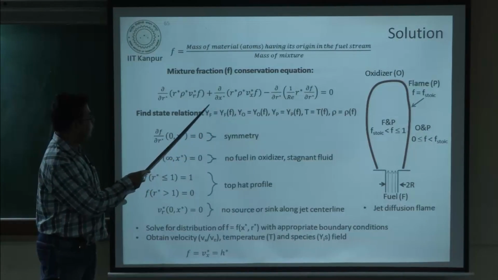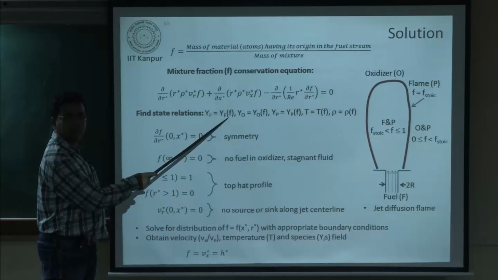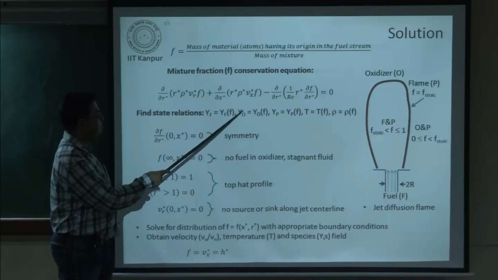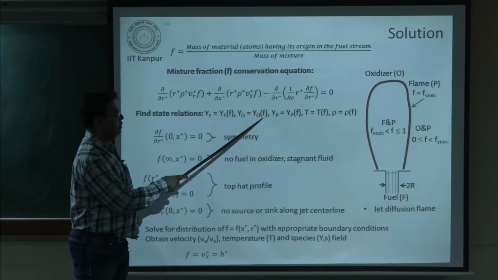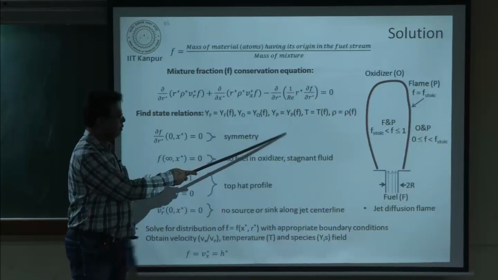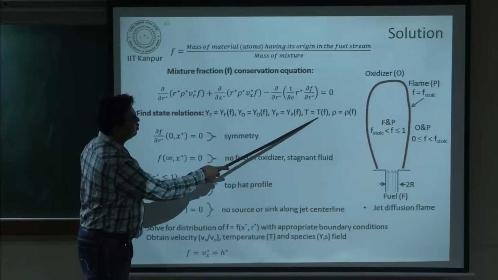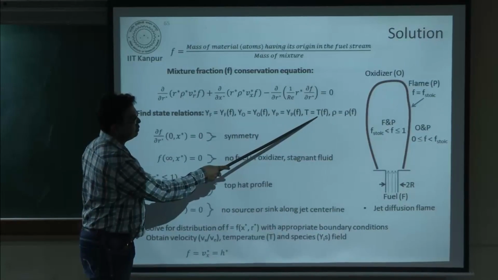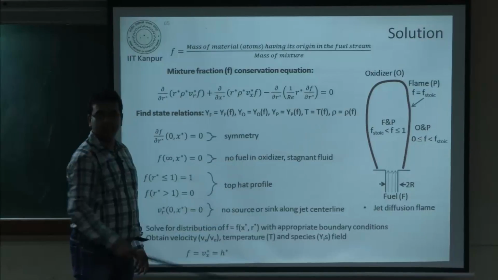We need to know what is Yf in terms of f. We need what is Yo in terms of f, right? Yp will come automatically, as we have seen some slides back. We also need to know the temperature in terms of f.